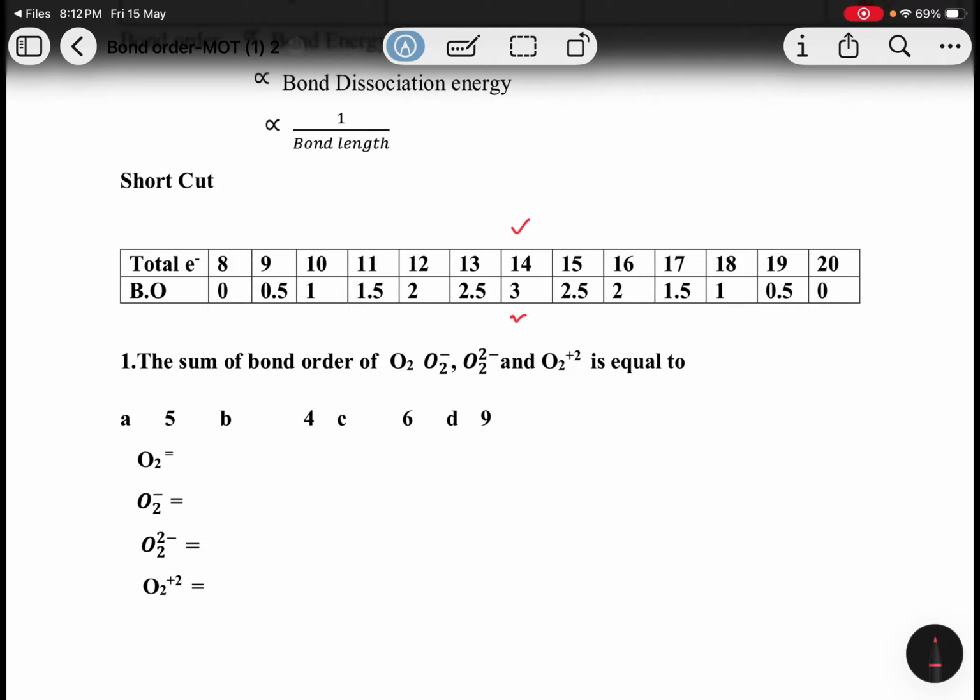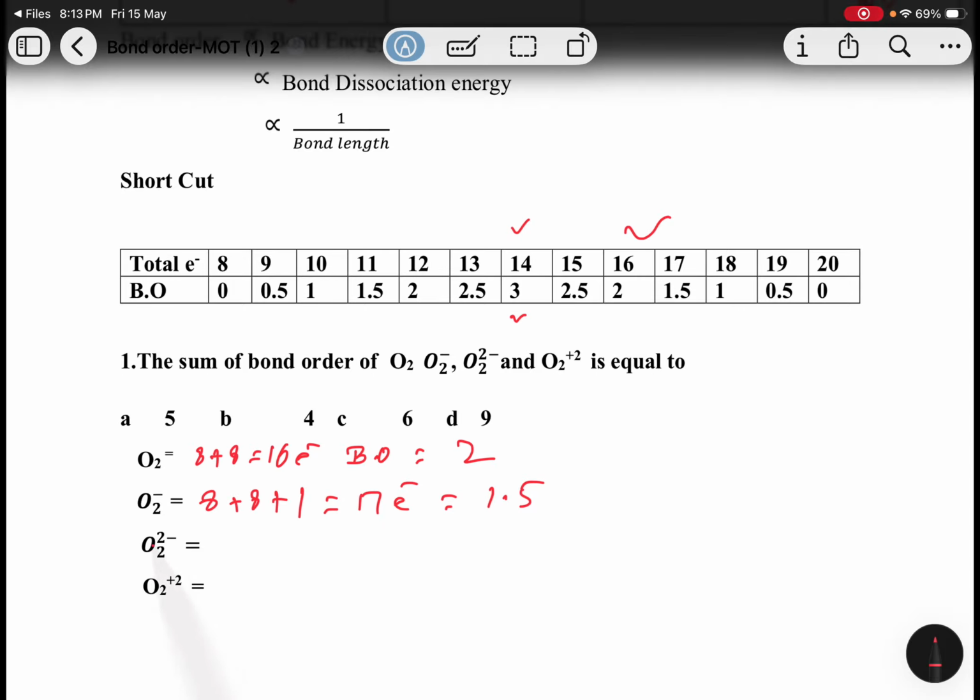Okay. So the sum of bond order of O2, O2 minus, O2 2 minus, O2 2 plus is equal to... O2 means total electrons is 8 plus 8, 16 electrons. 16 electrons means bond order equal to 2. O2 minus: 8 plus 8, 16 plus 1, 17 electrons means bond order equal to 1.5.